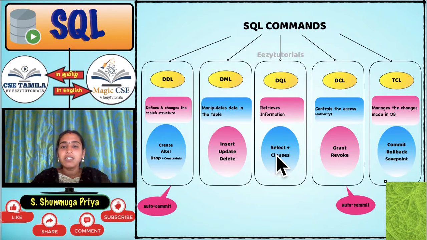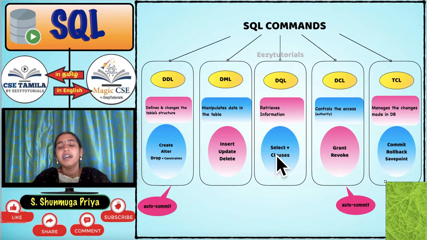So always you know, if it is a DDL command, only the structure of the table will be manipulated. If it is a DML, the content, the data inside the table will be handled. DQL means you will not be doing any changes, or you will not be writing something, just you will be asking questions, information will be retrieved. That is DQL.